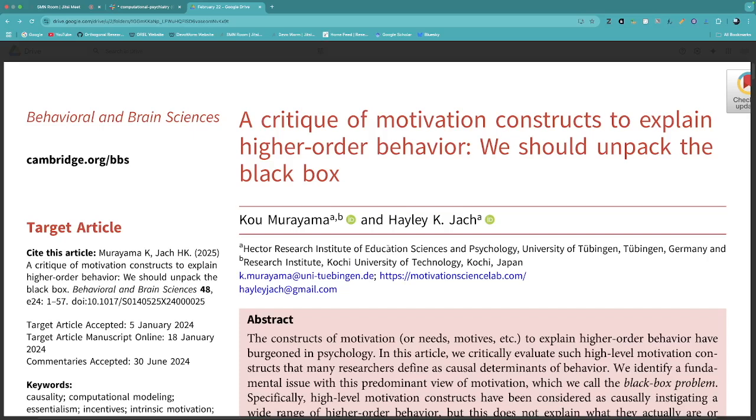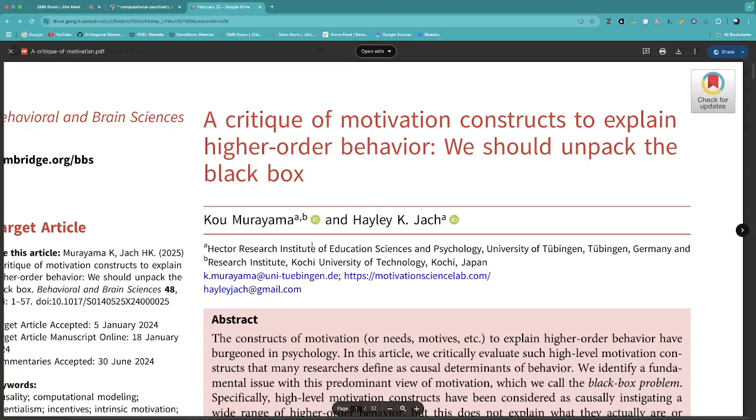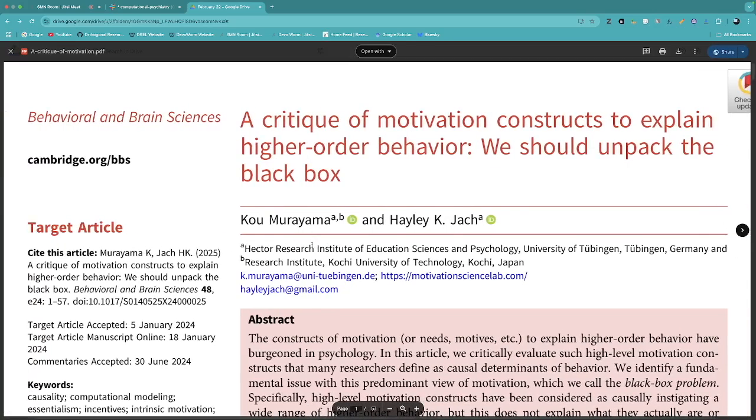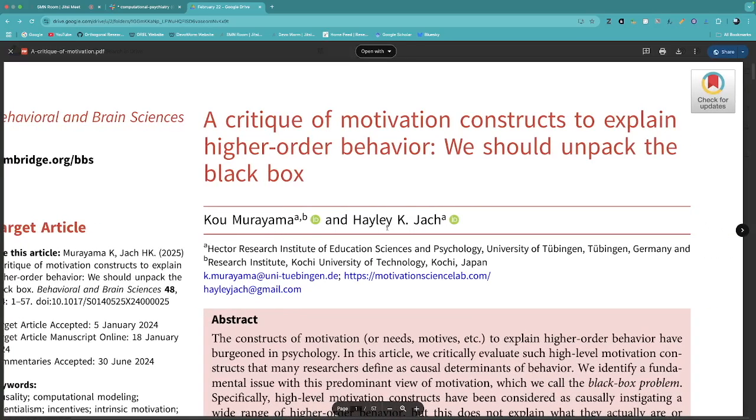And it's really relevant, I think, to reinforcement learning, not only simulated reinforcement learning, but this behavioral aspect of motivation constructs. So this is getting into the psychology of it, but also has relevance to other things as well. This is by Kou Murayama and Haley Jach.